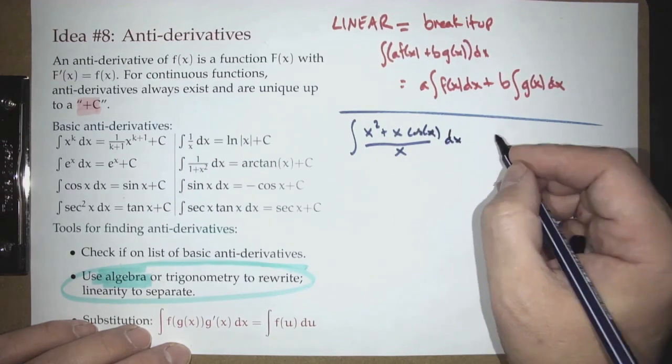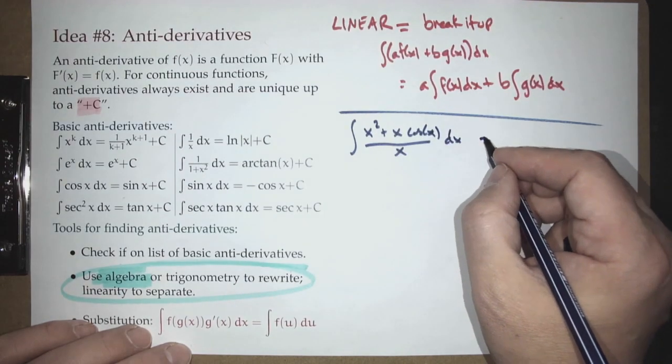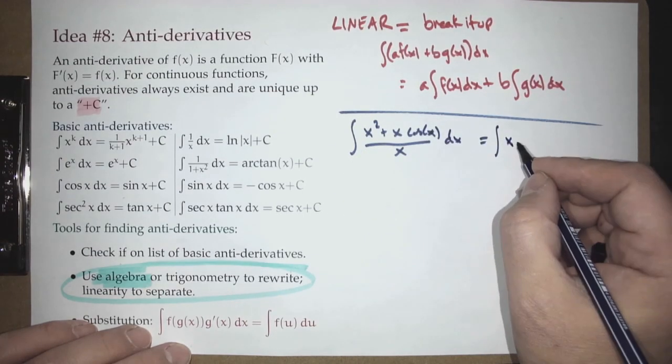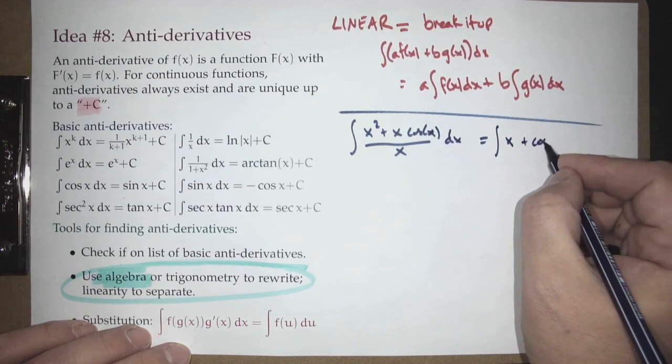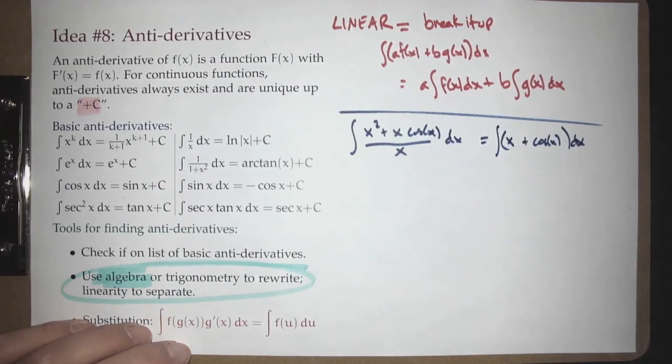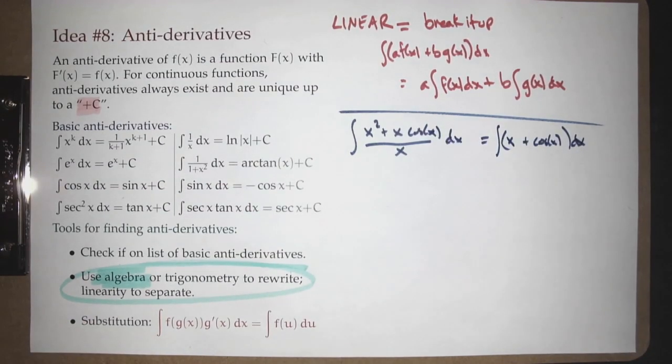What do you do? Yeah, you just say, look, I'll do algebra. It's like x squared over x, which is x, plus cosine of x. You're like, cool. You just algebra'd it. Pow! So a lot of what you have is algebra tools. So be open to algebra.